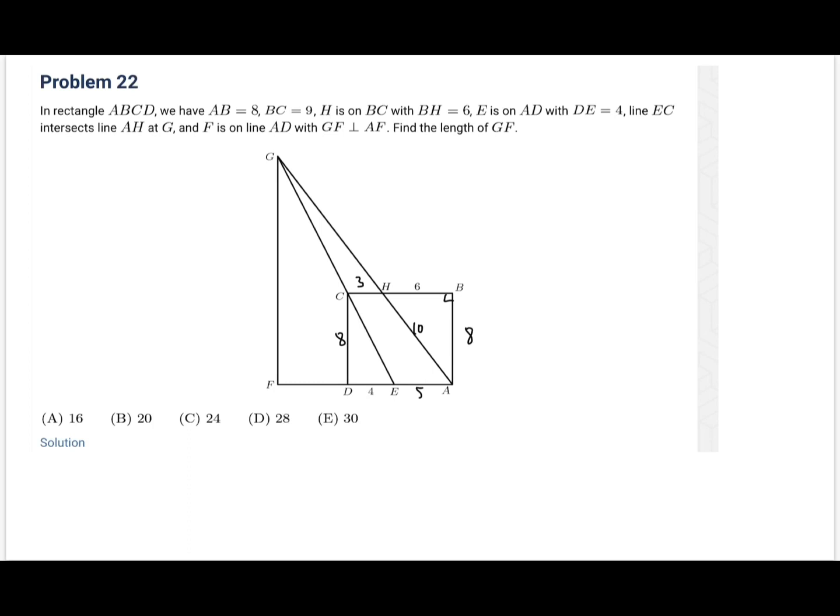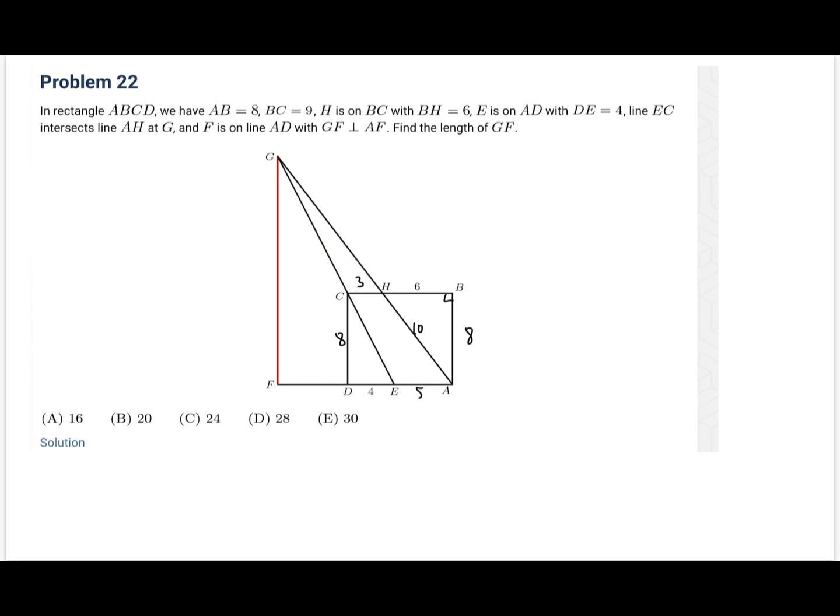So we're trying to find this length, right? First we can notice that the ratio of this and this is 5 to 3. But then this triangle and this triangle are similar, right?